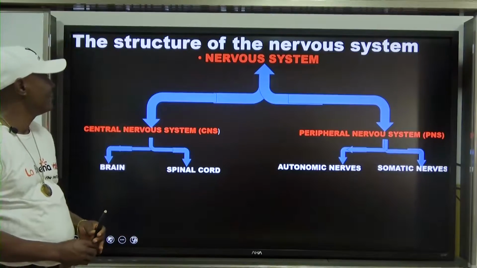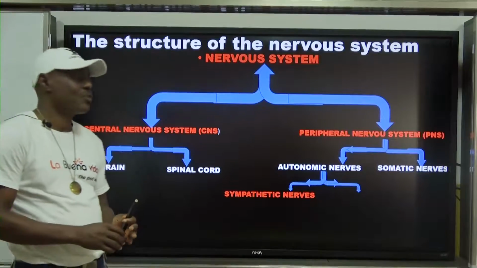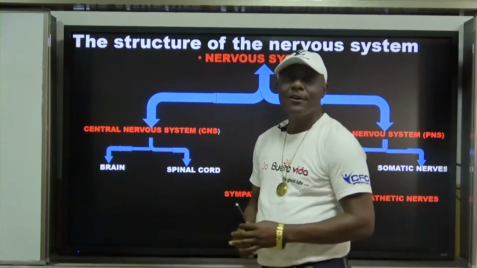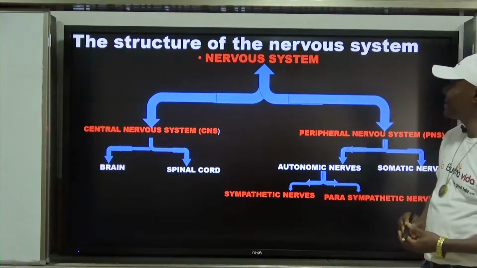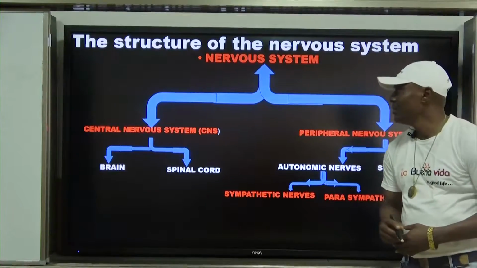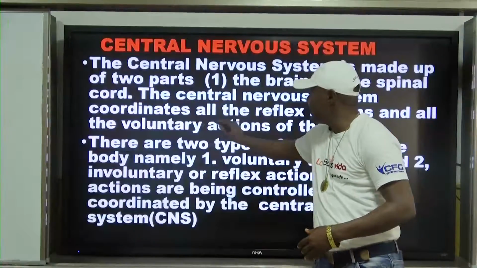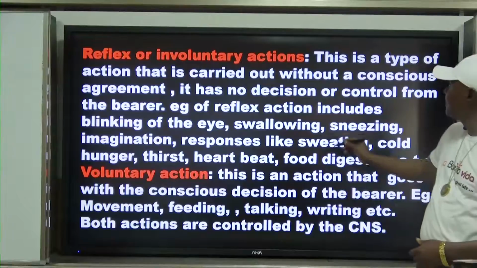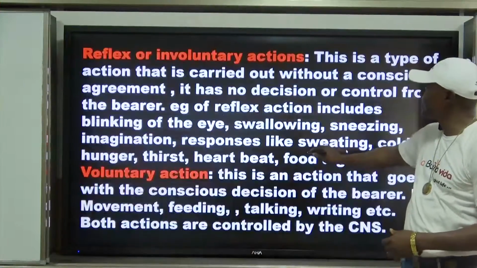Just like I was saying, the nervous system is that system of the body that is responsible for the coordination of all the activities of the body, all the impulses in the body. The nervous system is classified into two. We have the CNS, the central nervous system, and we have the PNS, which is the peripheral nervous system.